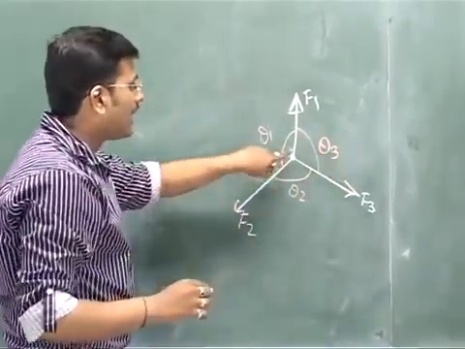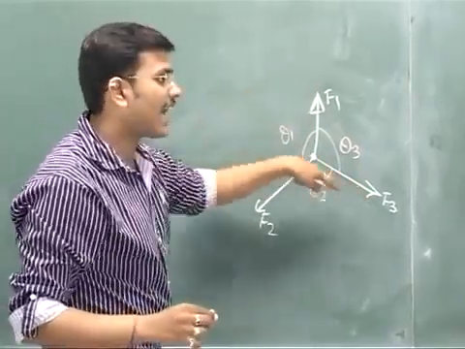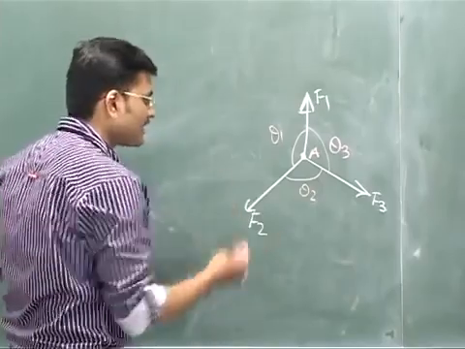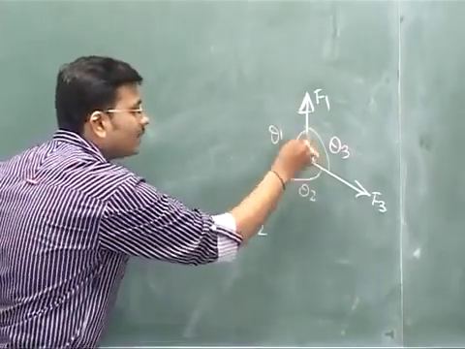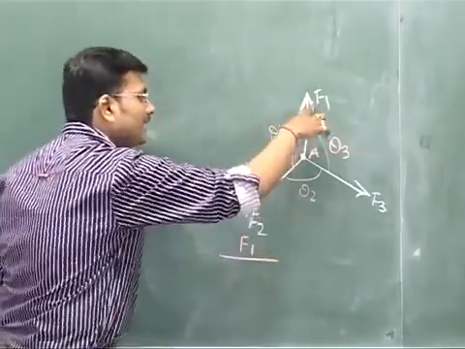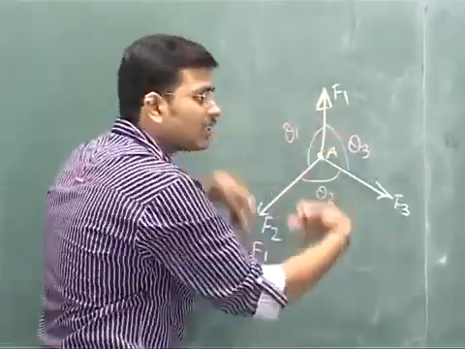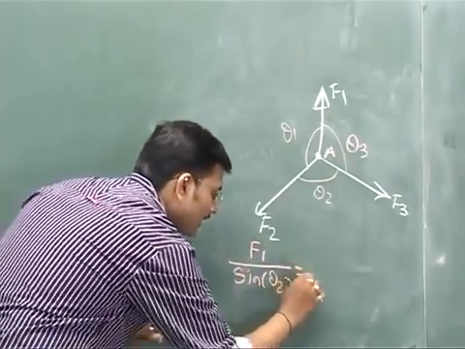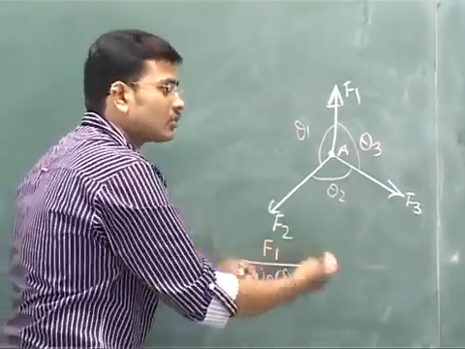If you have to calculate the forces acting at a point, say A, where they are concurrent, they can be calculated by Lami's theorem, which says the force divided by the sine of the angle between the other two forces remains constant.